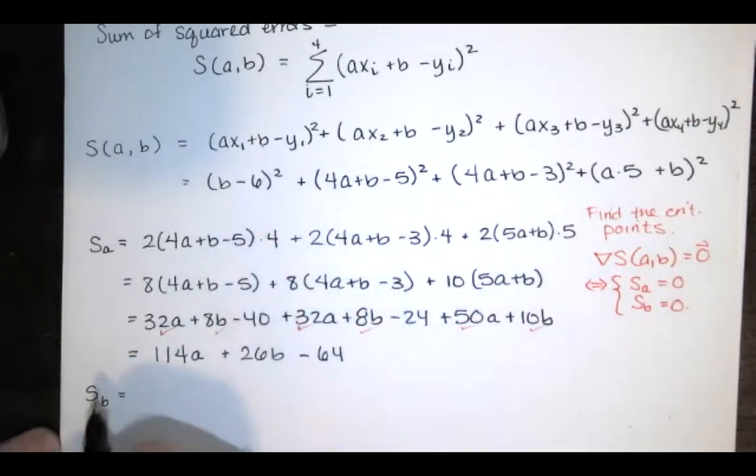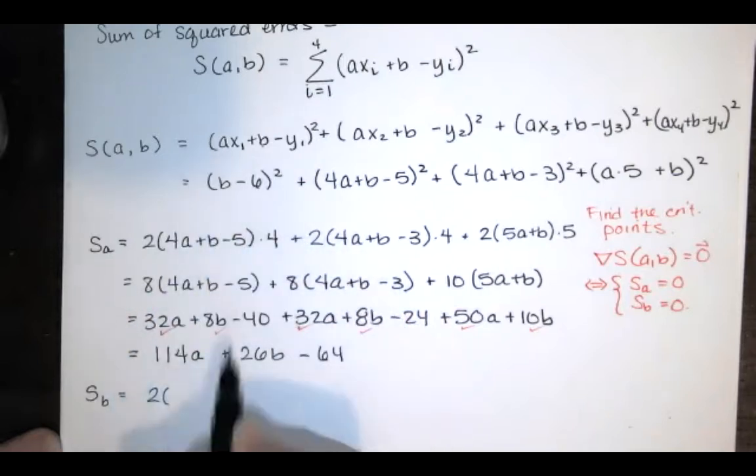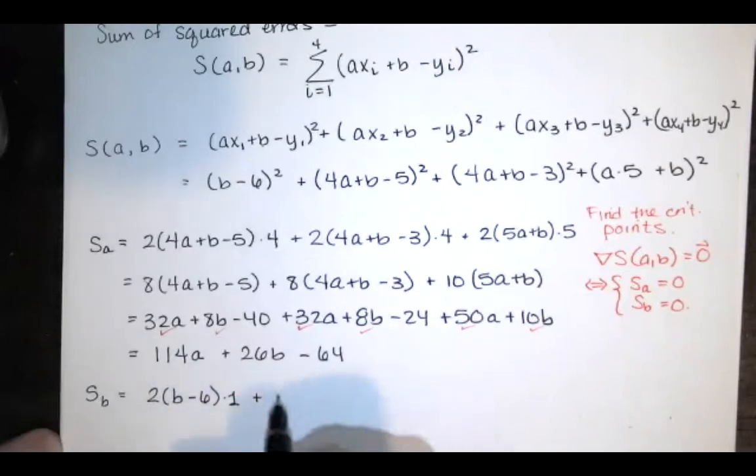So let's take these derivatives with respect to b. This has a b in it, so we're going to have 2 times that quantity. This is just the power rule, times the derivative of the inside by the chain rule, which happens to be a 1. And the same is true there. 2 times the expression in parentheses times the derivative of the inside, which is 1.